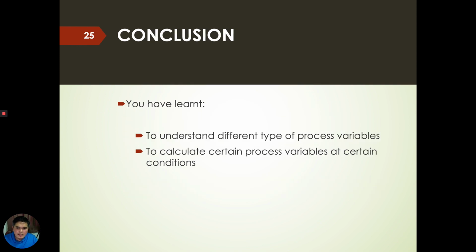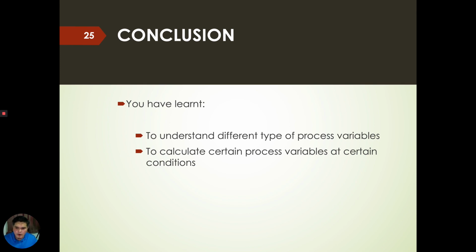Throughout these lectures you have learned to understand different types of process variables, where we have come across molecular weight, mole fraction, mass fraction, and flow rates. We also learned about concentration.